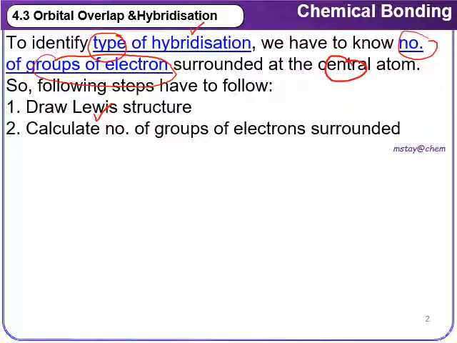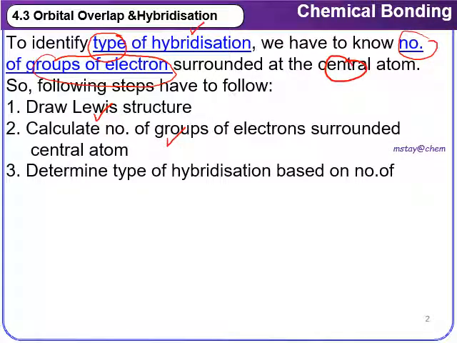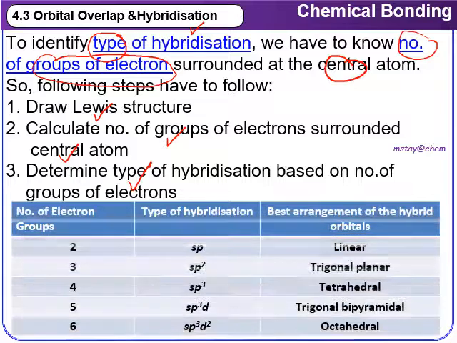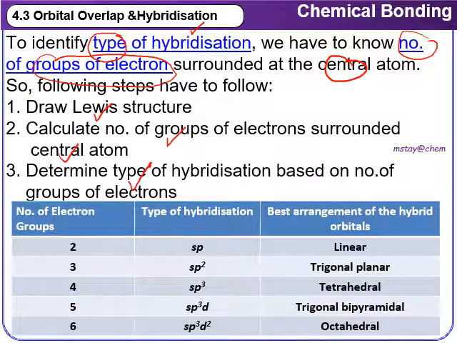Based on the Lewis structure, we will be able to determine the number of electron domains at the central atom, and then based on this number, we are able to determine the type of hybridization. Because just now we mentioned that we can mix a minimum of 2 orbitals and a maximum of 6 orbitals, we are going to check with the Lewis structure.